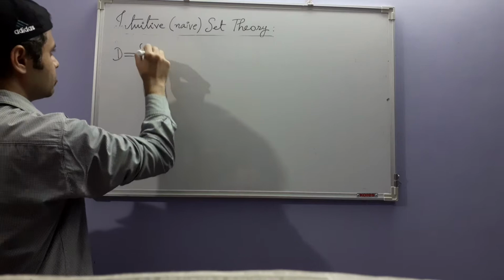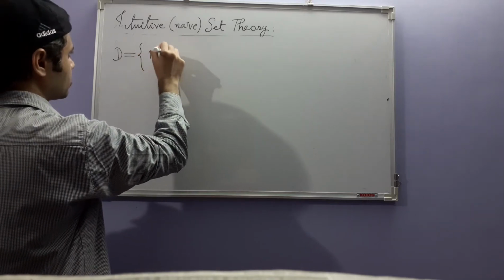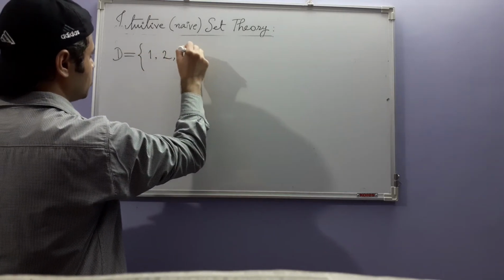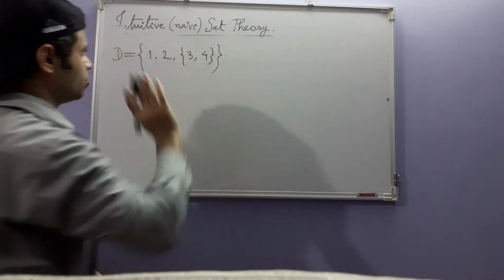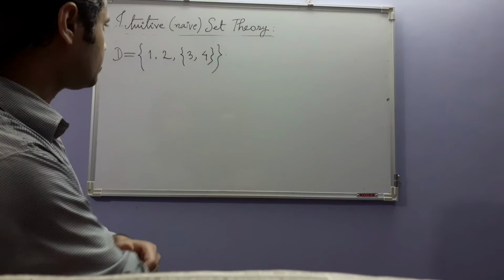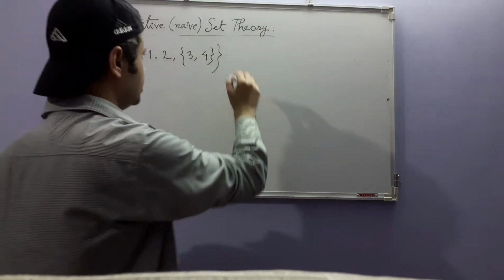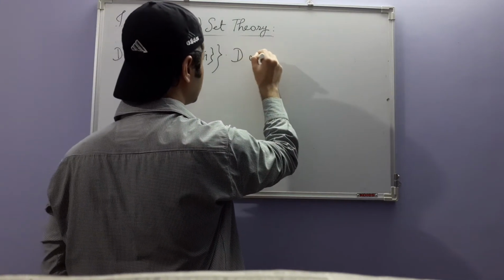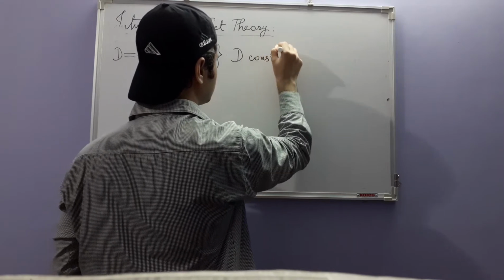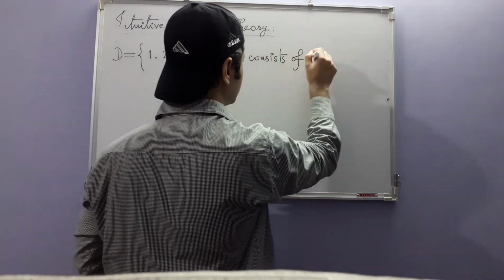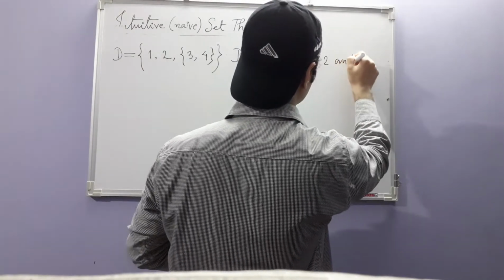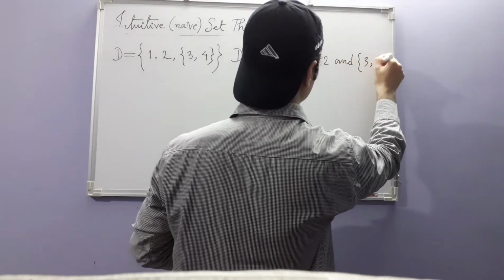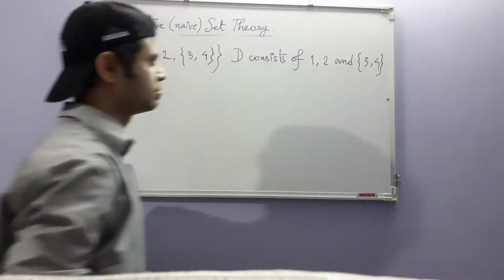You take D equal to 1, 2, look at this set. Okay, D consists of 1, 2, and 3, 4.